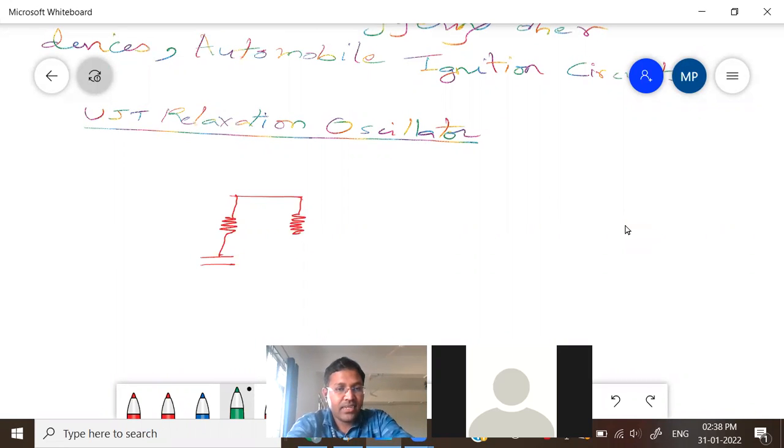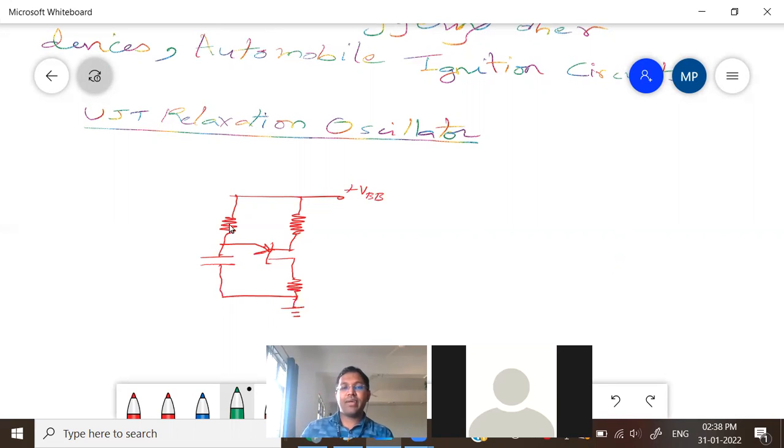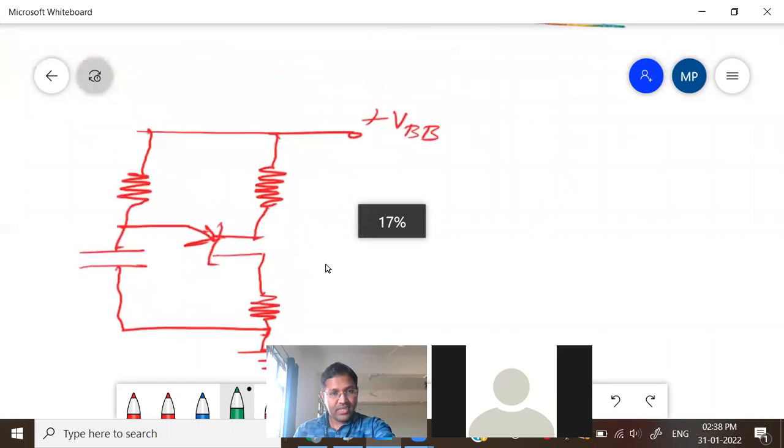It is a similar structure, but in place of 4 resistances, 3 resistances are intact and in place of one you have a capacitor. And this is the symbol of UJT.